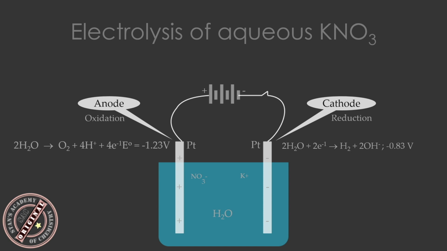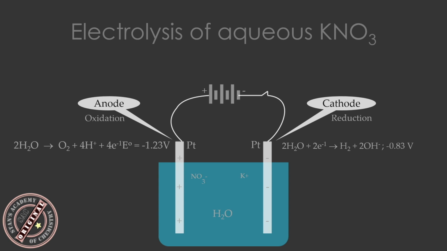So we have seen three cases of electrolysis: molten NaCl, aqueous NaCl, and aqueous potassium nitrate. Three cases where the products are different, and some exceptions when we are looking at aqueous sodium chloride, and we had seen the reasons for those exceptions too.